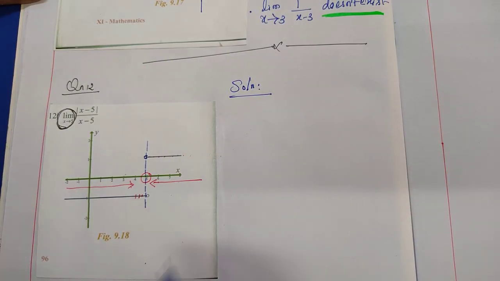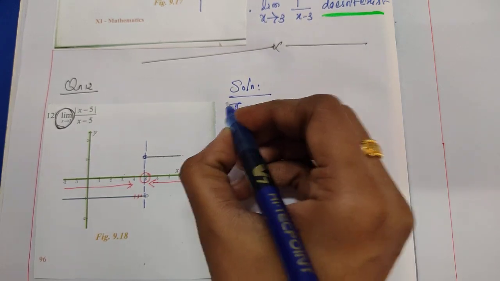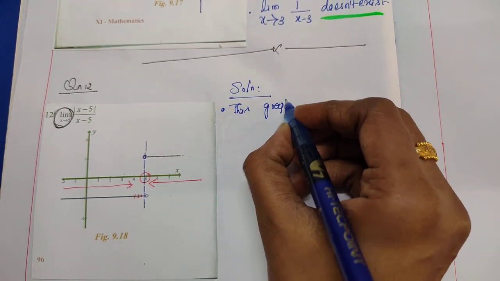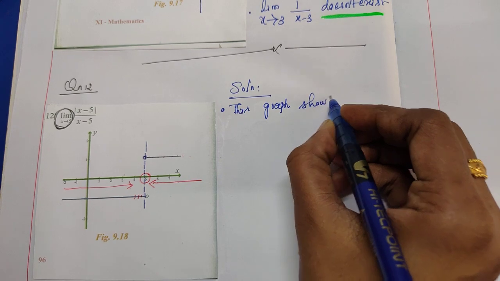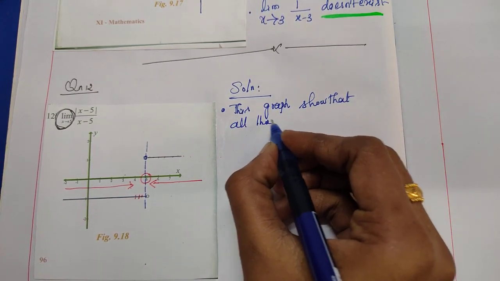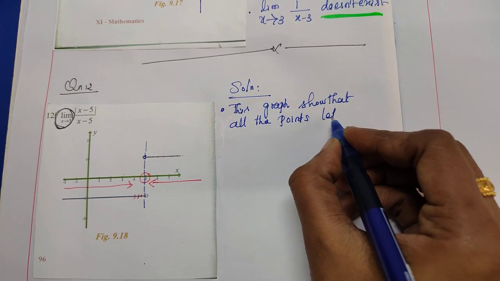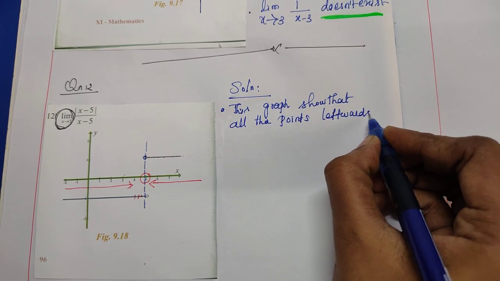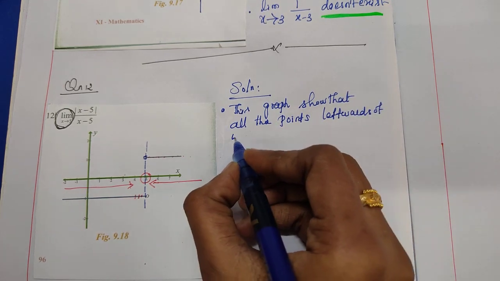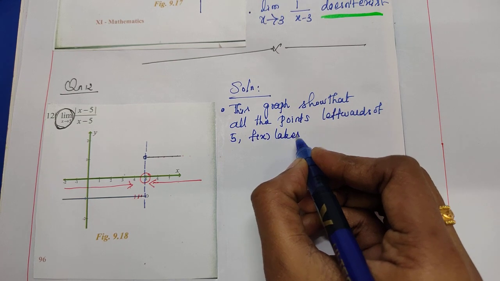Solution. This graph shows that all the points leftwards of 5, f of x takes minus 1.